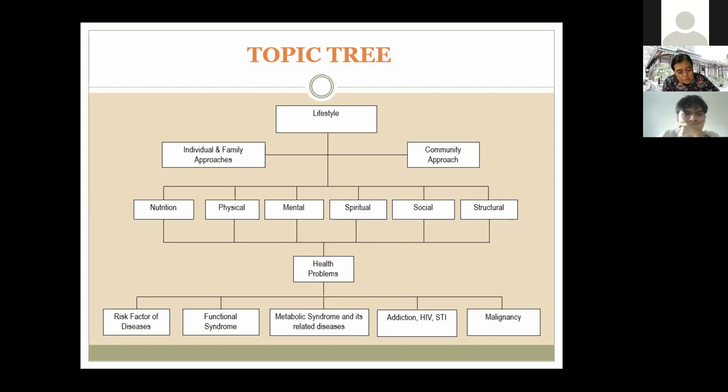The 2nd to 5th units cover various conditions related to individual and community lifestyle. This may include, not confined to, functional syndrome, metabolic syndrome, and related diseases, addiction, HIV, STI, and personality and malignancy here. Continue back.